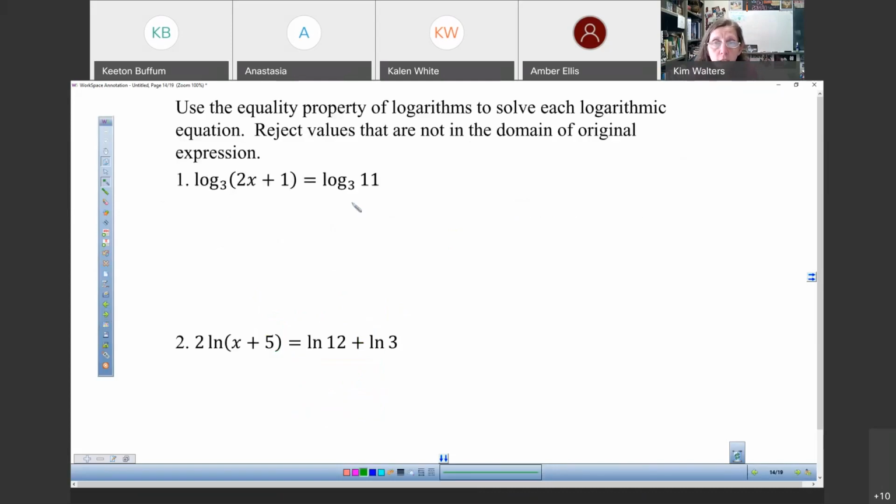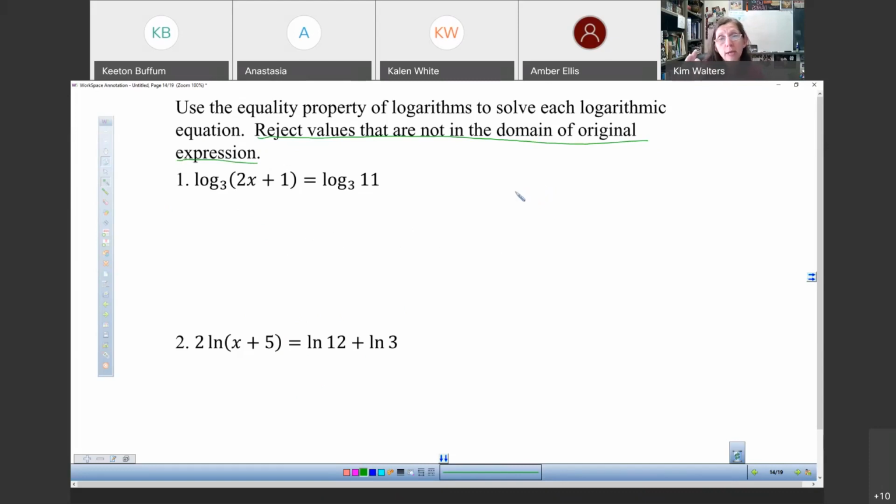We'll start off here. Look at the directions, which say reject the values that are not in the domain of the original expression, okay? So we need to figure out what's the domain of the original expression. This will keep you out of trouble. Rational equations we solved earlier in the summer, we had to make sure the denominator was not 0.